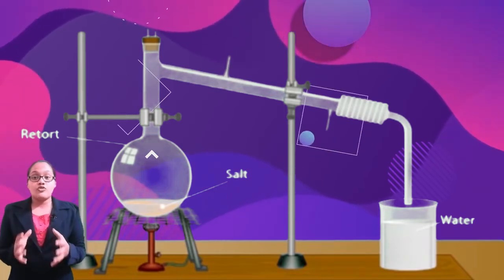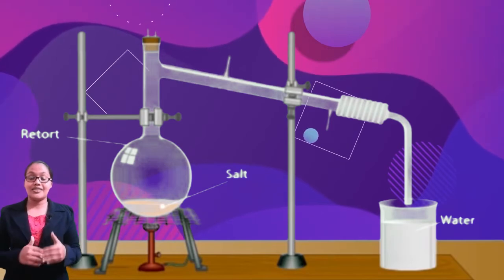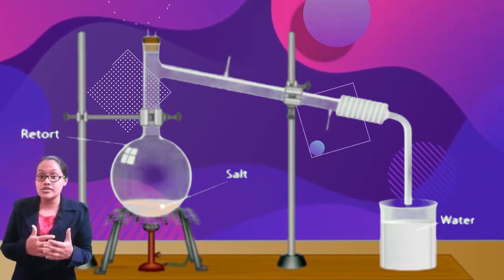Thus, the evaporated water, as it reaches the condenser, cools and is converted into its liquid form. The condensed liquid is collected in a beaker kept outside the distillation flask. So we obtain salt-free, purified water, and the salt remains in the flask.